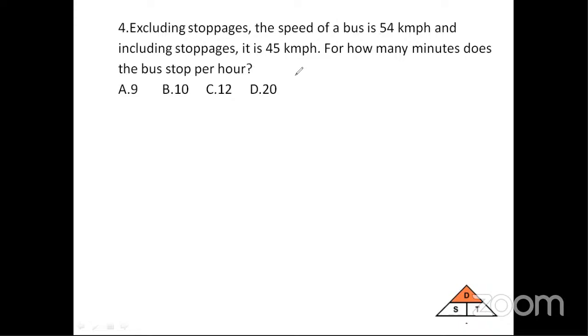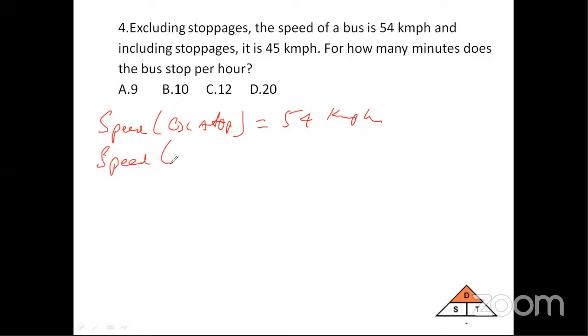To check this, we'll just simply write it. For example, the speed excluding stoppages is 54 km per hour, and the speed including stoppages is 45 km per hour.